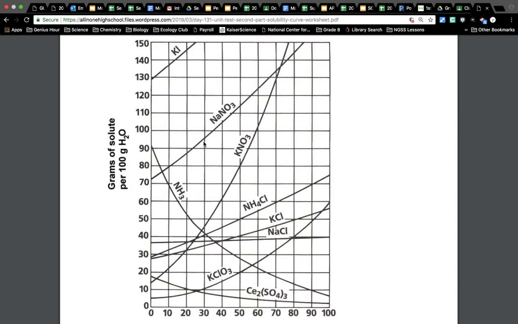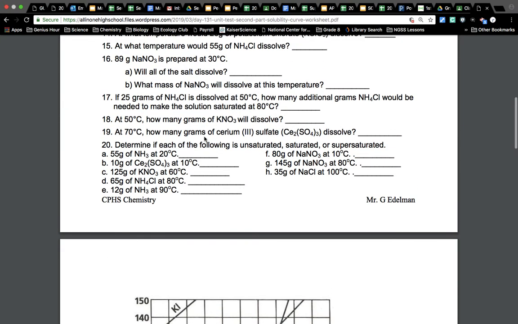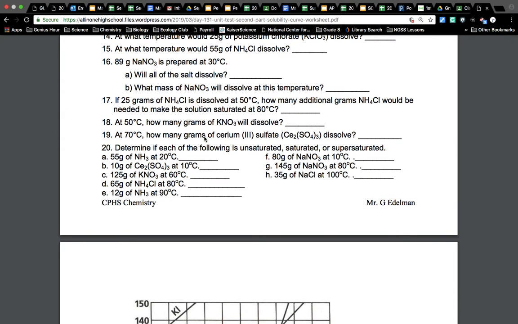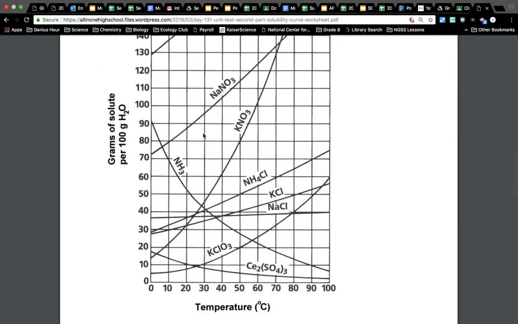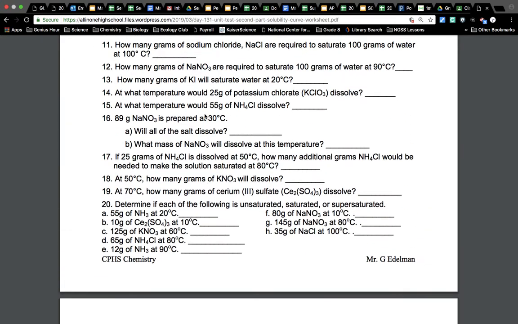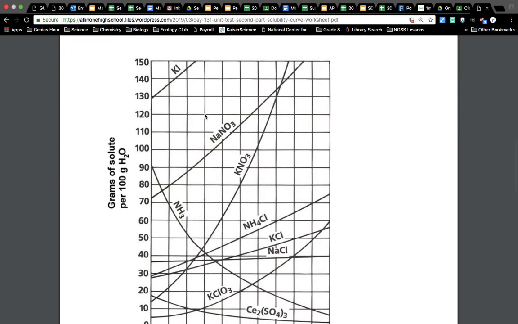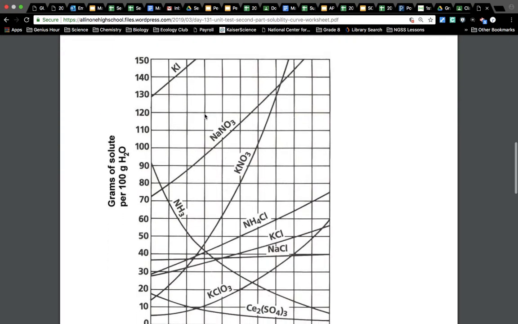Will all the salt dissolve? So here's our line. 30 degrees Celsius brings us up here. That's over 90 degrees. Oh, wait a minute, 30 degrees. It's over 90 grams. So should it? Yes, it should. What mass will dissolve? Looks like about 95 grams or so will dissolve.